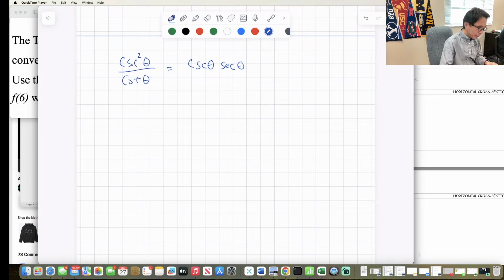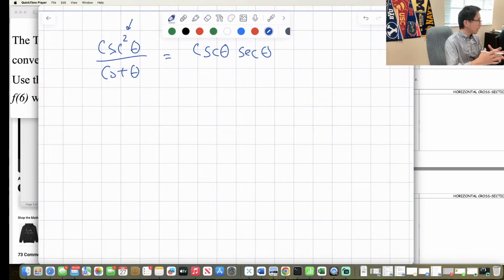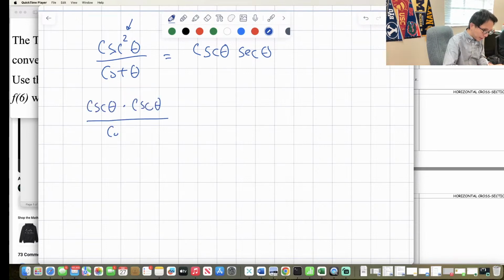Except this one multiplies by 2. You can split it up into 2 different cosecants. So it's going to be cosecant theta times cosecant theta over cotangent of theta. Is that okay? That's just understanding.